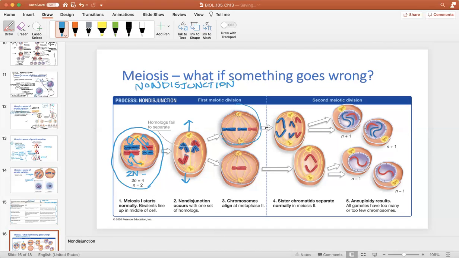This cell here has an extra chromosome, and this cell here is missing a chromosome, right? Because if we look at the original cell, we have 2 homologous pairs, and if we reduce it down, we should have 2 chromosomes in each cell, right? But we don't.